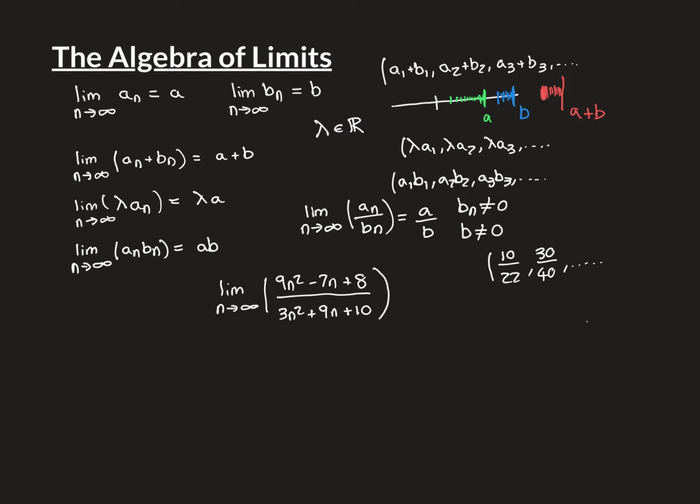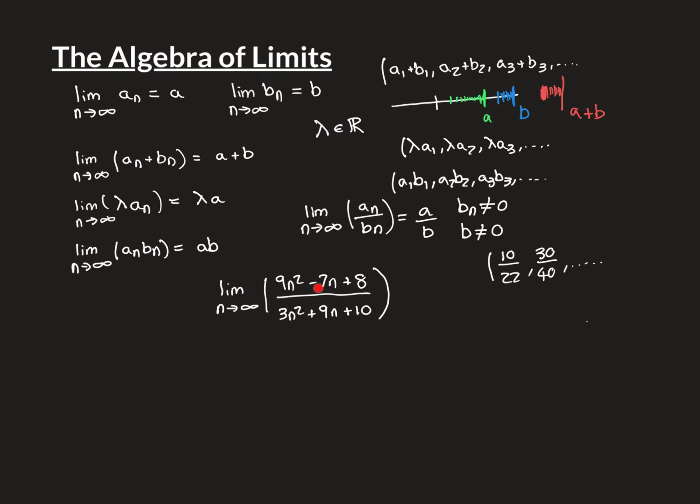So it's a nice sequence. And what does this converge to? It does converge to something. The intuitive way to see immediately what this converges to is as n gets bigger and bigger and bigger, the n squared terms are going to grow a lot faster than the linear terms.